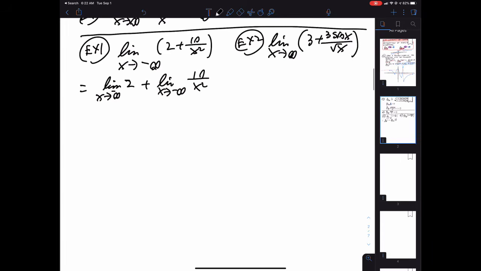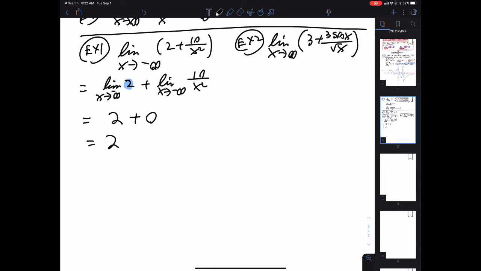We already know this is a constant function. It always equals 2, so no matter where x is going, that function will always be 2. The next one, you have 10 pizzas split between an infinite number of people squared. Clearly that's 0. So hopefully you got 2 for your answer there.